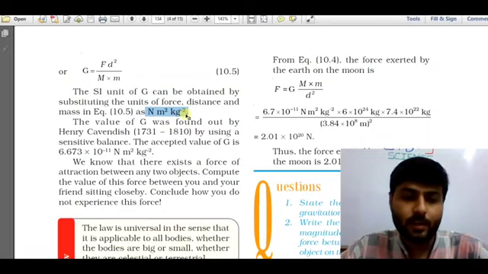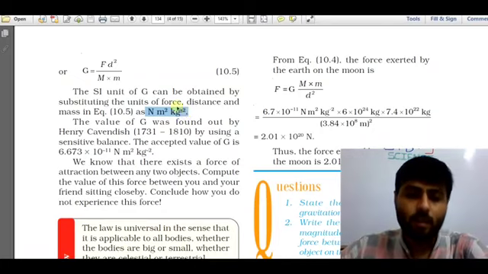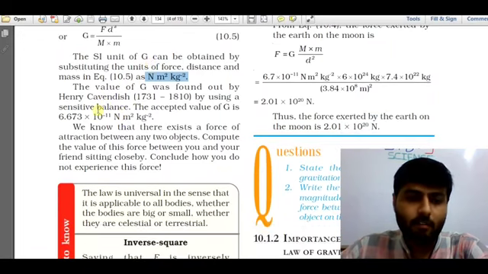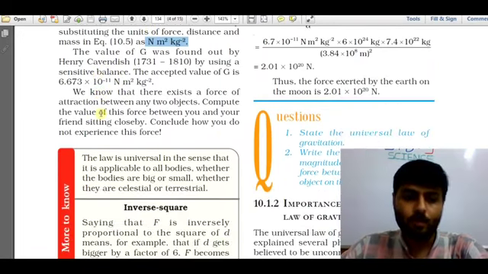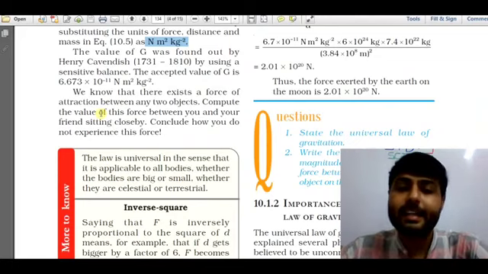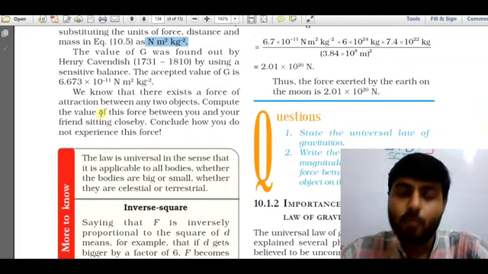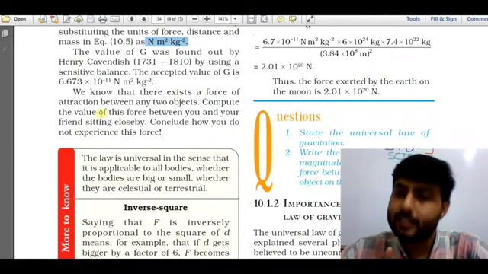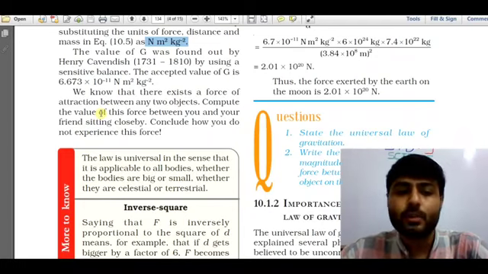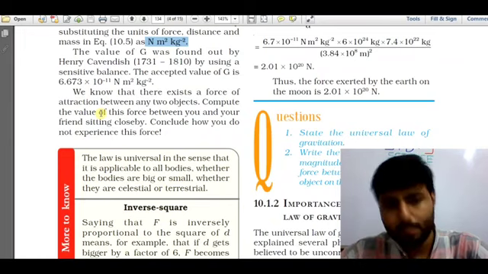Both are same only. So here we mark this SI unit of G, and important point, the value of G was found by Henry Cavendish by using sensitive balance.